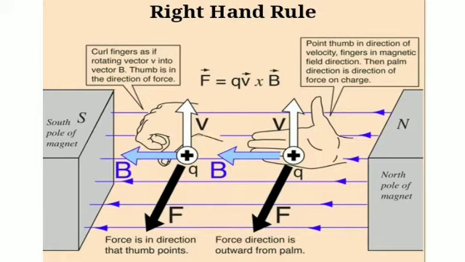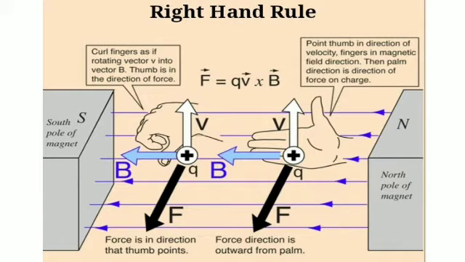So when we have an electric field, F is equal to qE, and when we are in a magnetic field, E is replaced by capital B, and instead of the electric charge q, it is replaced by charge into velocity, because the SI unit of pole strength or magnetic strength is ampere meter.